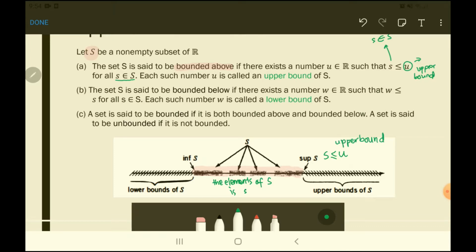So U becomes the boundary at the upper value of S, or on the number line, the right boundary there.